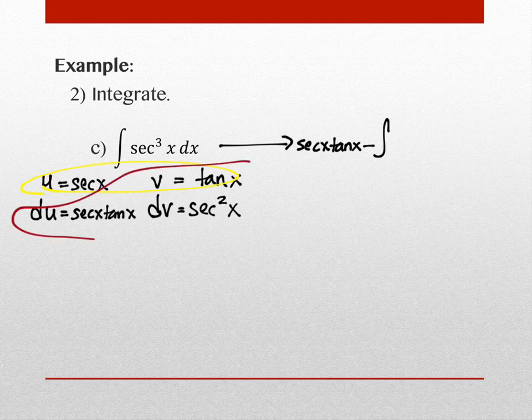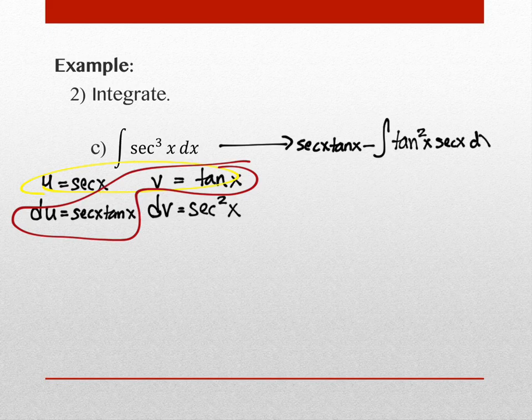This diagonal. So multiplying the v and the du gives me tangent squared, a secant, and a du. I'll write it in the order I just said. Tangent squared of x, secant of x, and dx.